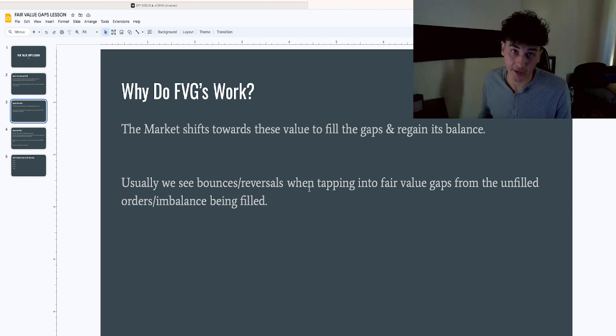That would be a bearish fair value gap. So obviously we have 2 types of fair value gaps. Our bullish ones are typically treated like demand zones, but they work a little bit differently. And then our bearish fair value gaps are treated like supply zones, but keep in mind they work differently, right? They have a different concept of how they actually work.